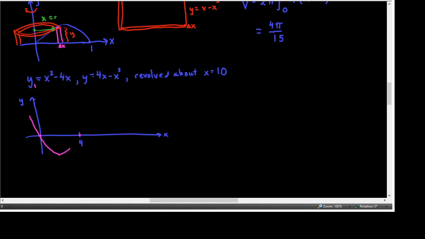Notice I don't even put a scale on the y-axis here because, like I said before, this graph is a thinking piece. It doesn't have to be perfect, it just needs to be good enough. And then I'm going to call this one y sub 2. That's a parabola that opens downward, and its x-intercepts are also 0 and 4. And so let's say it looks like this.